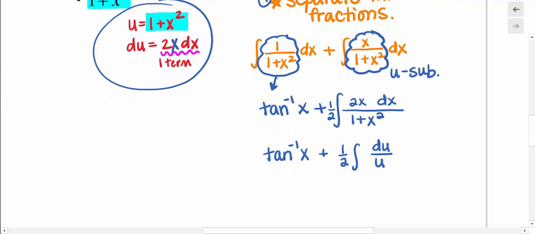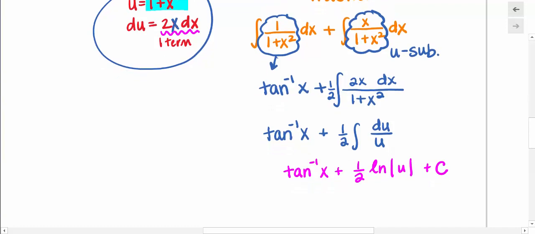And we should have seen this a fair amount of times now, that becomes 1/2 natural log absolute value of u. Don't forget your plus c. And my u is 1 plus x squared. So I'll put that back in.